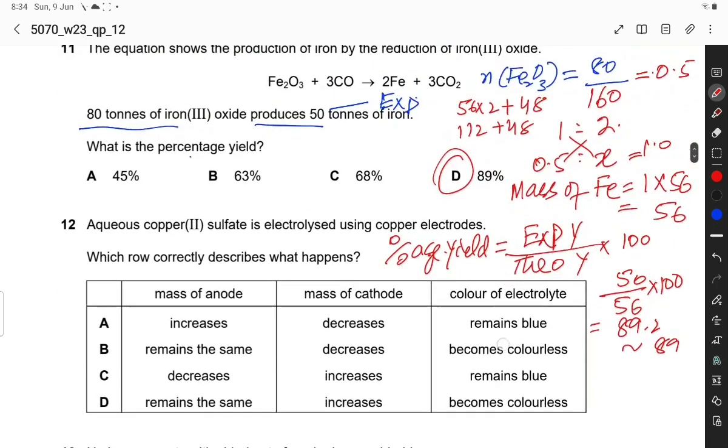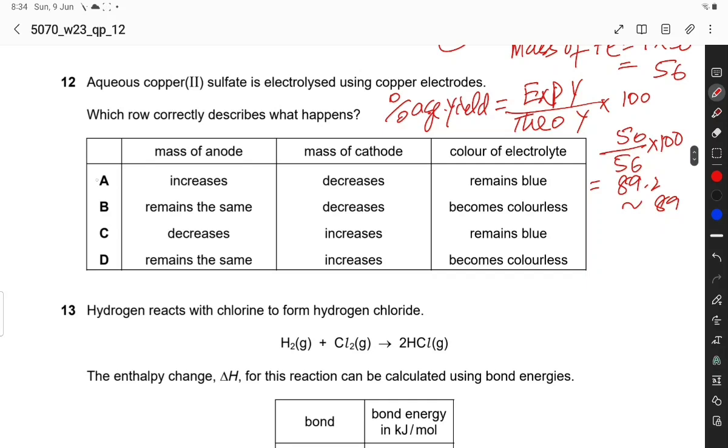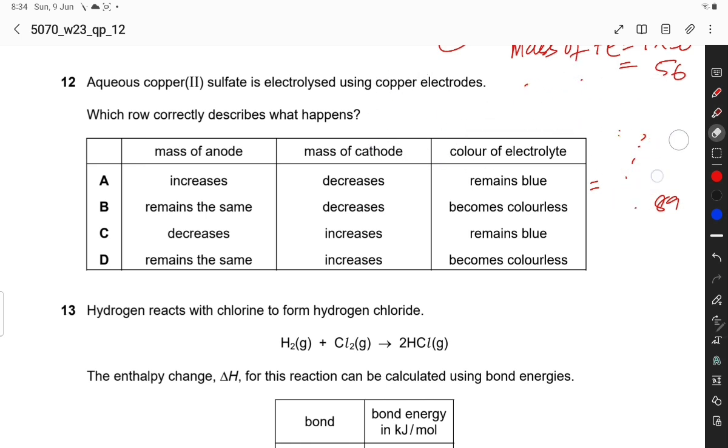Question number 12. Aqueous copper 2 sulfate is electrolyzed using copper electrodes. Which row correctly describes what happens?